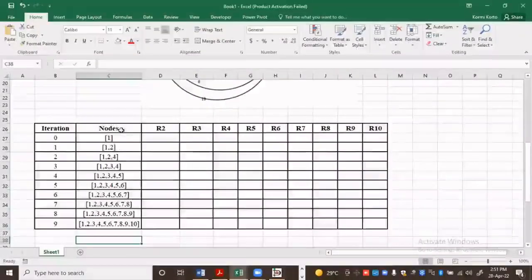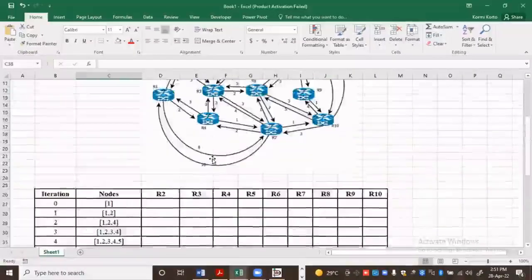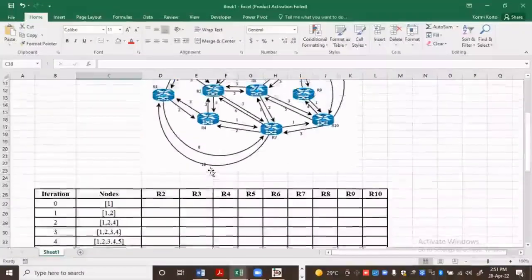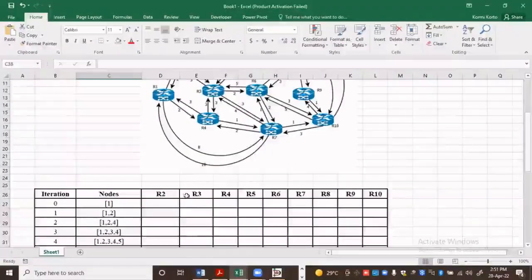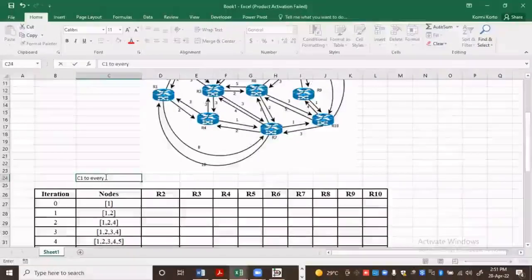So I've given you a tabulation. Now we have to find or tabulate all the various costs that are associated with moving a packet, in this case from customer 1 to every other router X. So moving packets from customer 1 to every other router, I'm using X over here to represent R1, R2, R3, and so on.